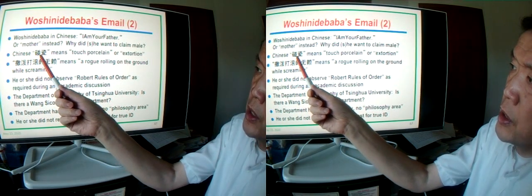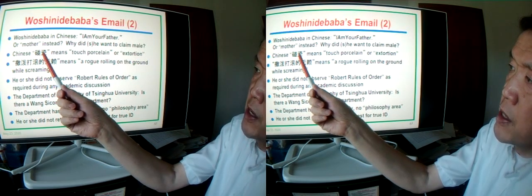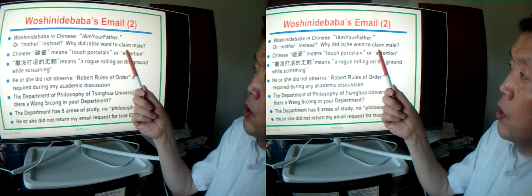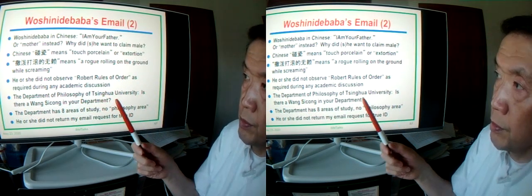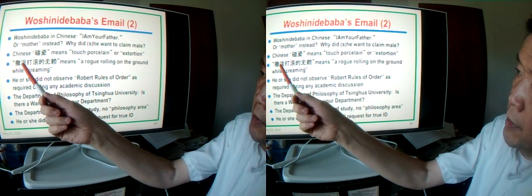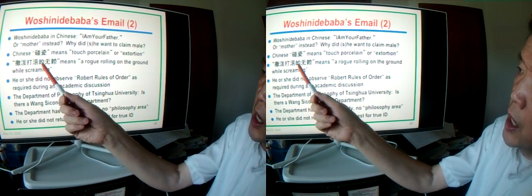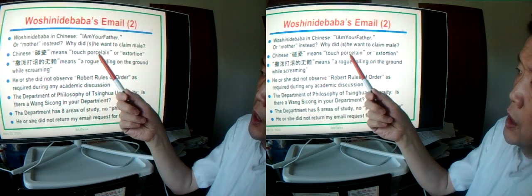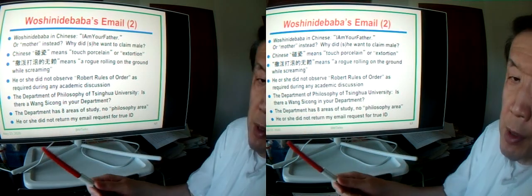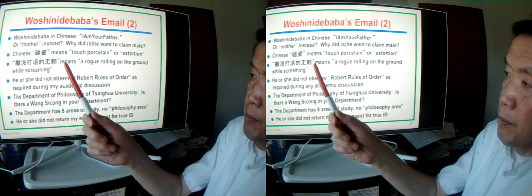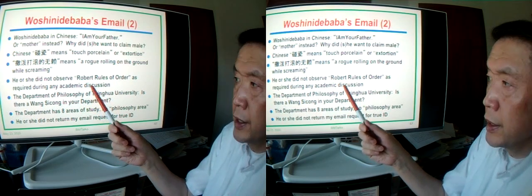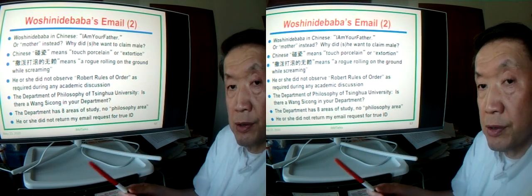That person was using the Chinese word 碰瓷, which literally means touching porcelain, but the real meaning is extortion. And that person was using something like 撒泼打滚的无赖, which means a rogue rolling on the ground while screaming. And that person was using abusive personal attacks without really discussing the issue.